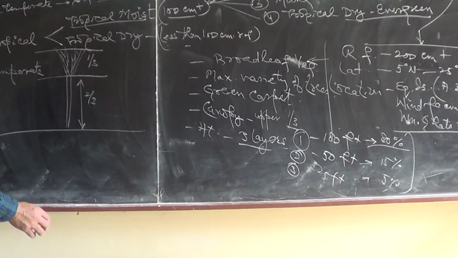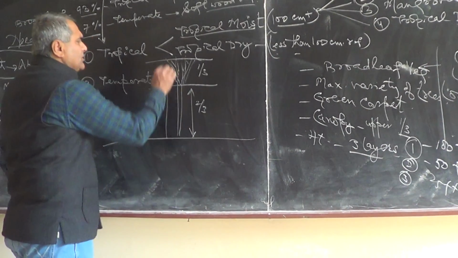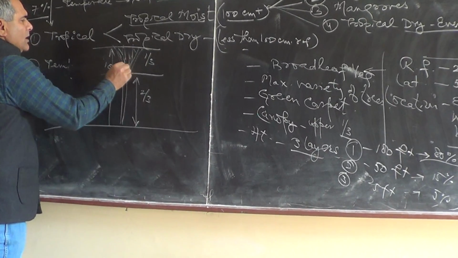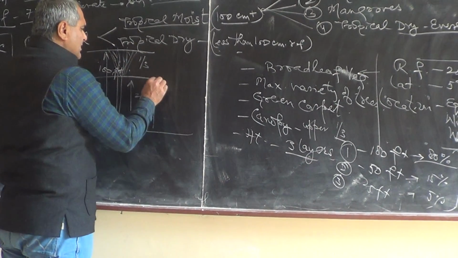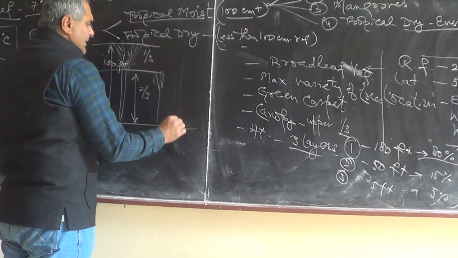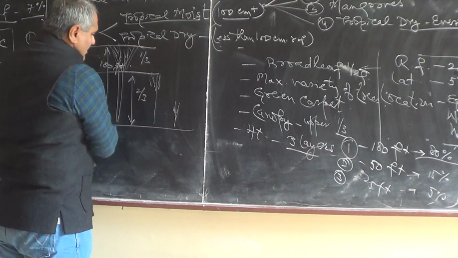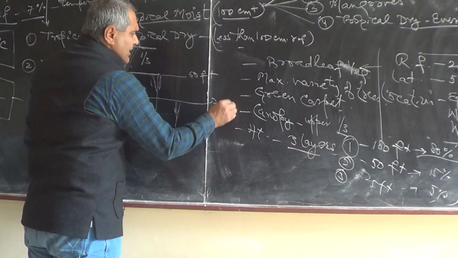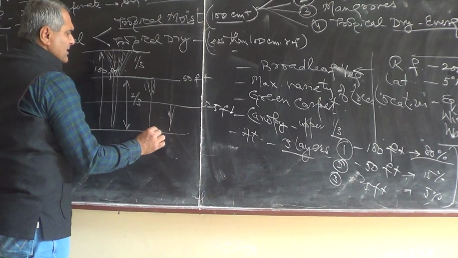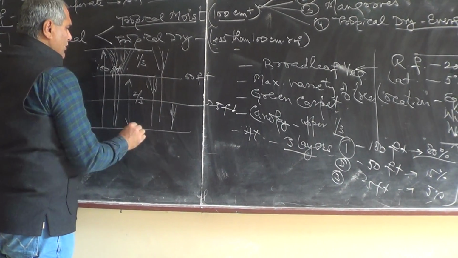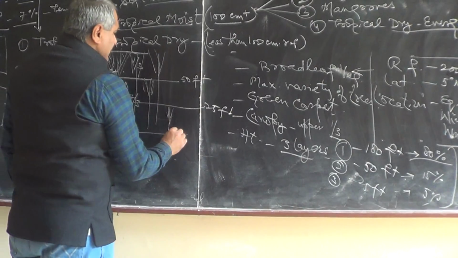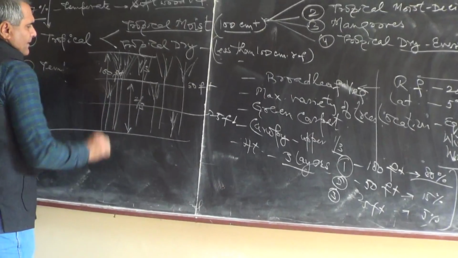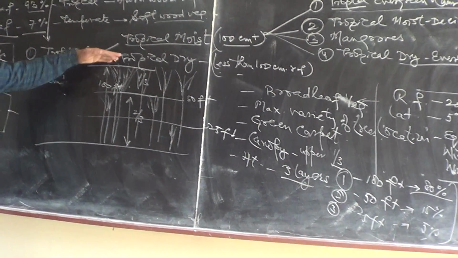Suppose this is 100 feet, the second is 50 feet, and the third is 25 feet. So always there are the 3 layers. So always the more number of trees are in the upper layer.